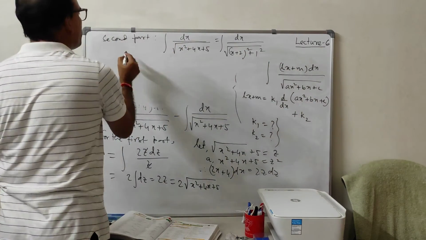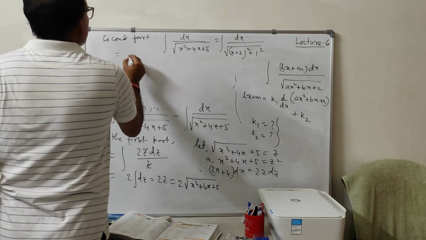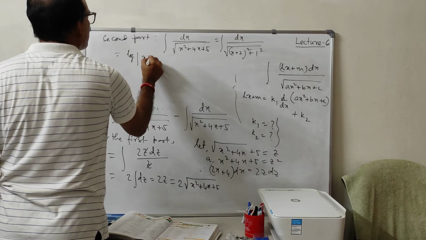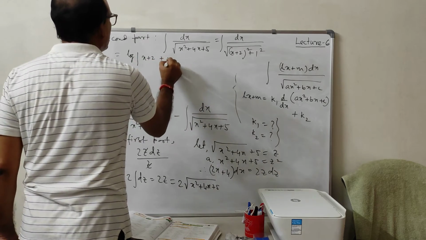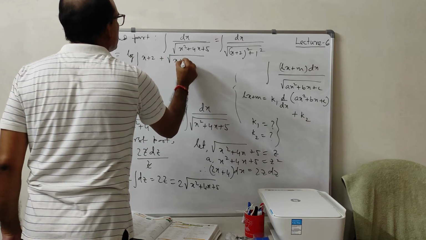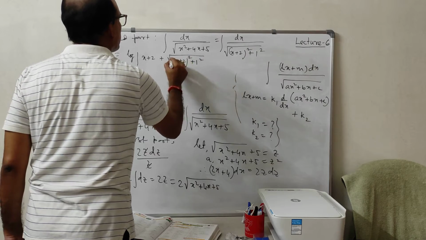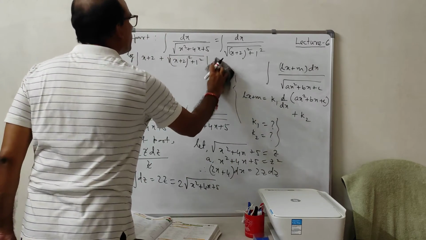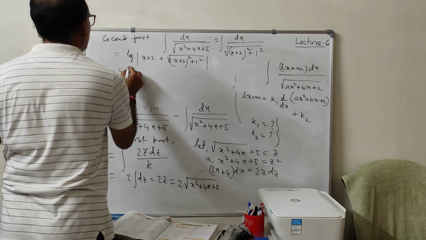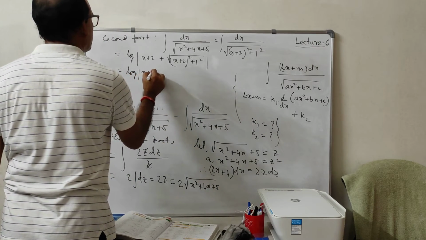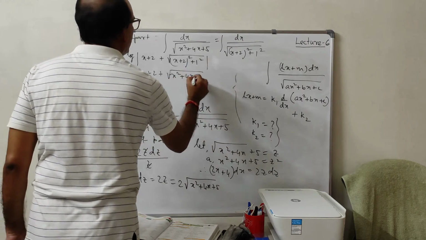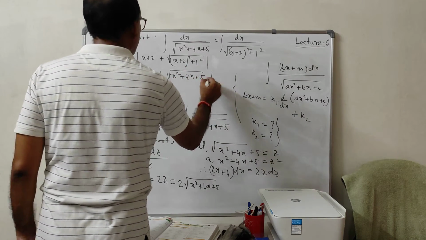So you will get this type of thing. This will be log mod of x plus 2 plus the square root of (x plus 2) whole square plus 1 square. It is log mod of x plus 2 plus the square root of (x square plus 4x plus 5). This is the second part.